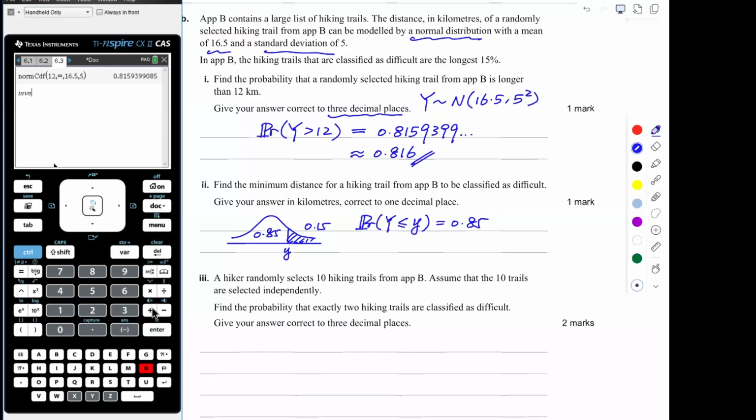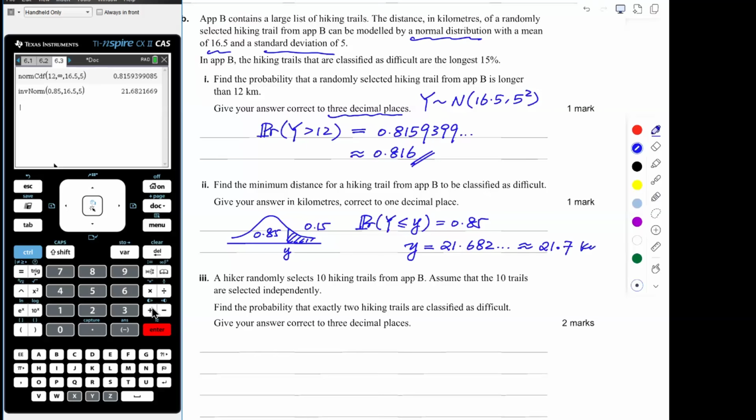We can use inverse norm 0.85. Must be a left tail. And we have 16.5, 5. Y value is 21.682, rounded to 21.7 kilometers. Use the normal rounding.